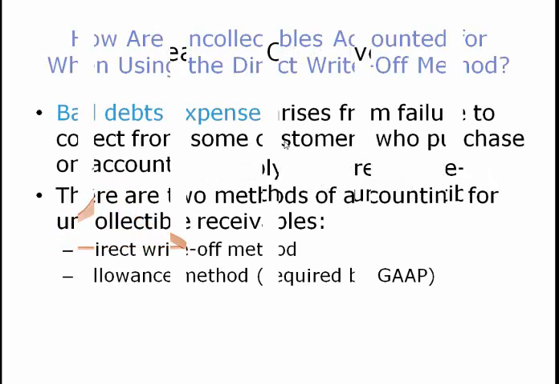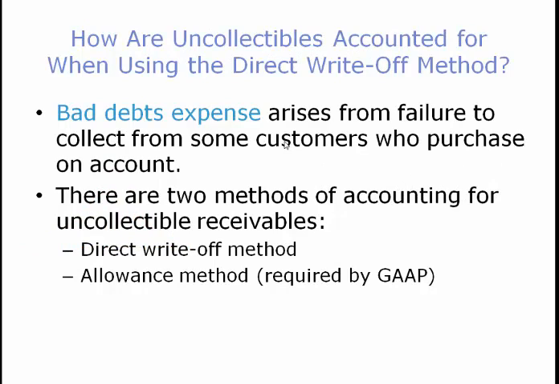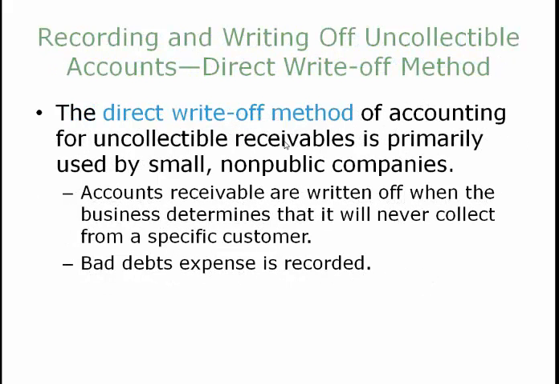In the direct write-off method, bad debts arise when a customer isn't going to be willing to pay. What you can do with the direct write-off method is you immediately write it off when you find out about it. The next one that we're going to talk about later is the allowance method. But typically a small business is going to use this direct write-off method.